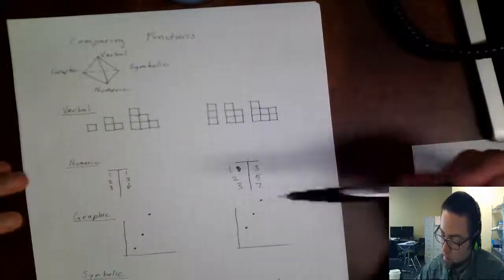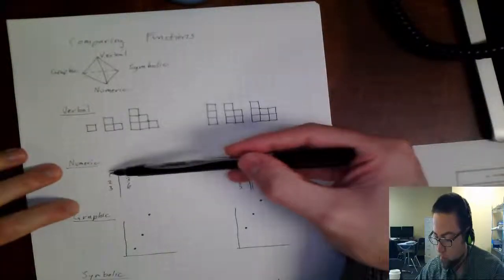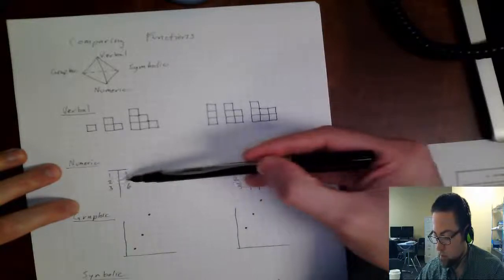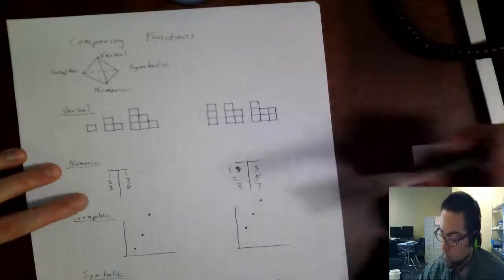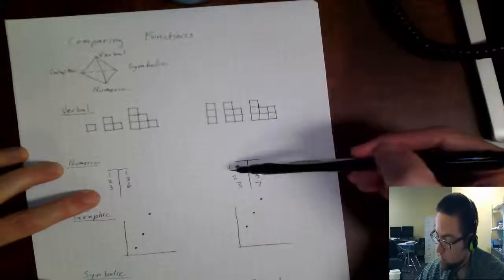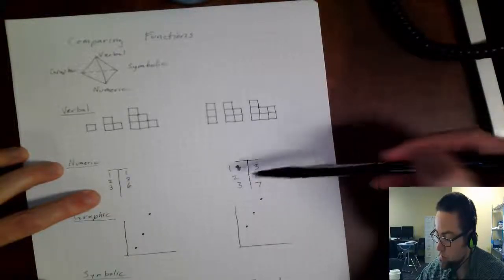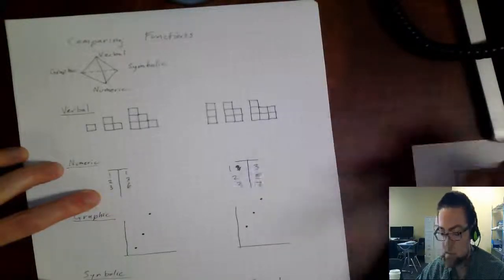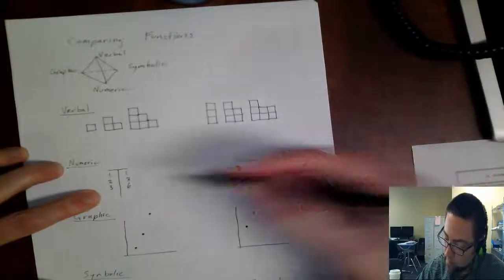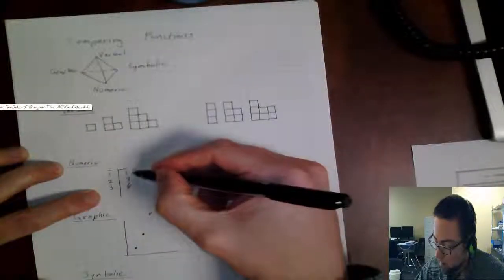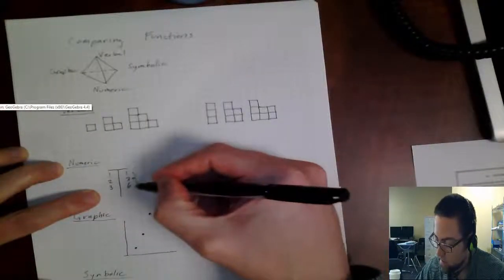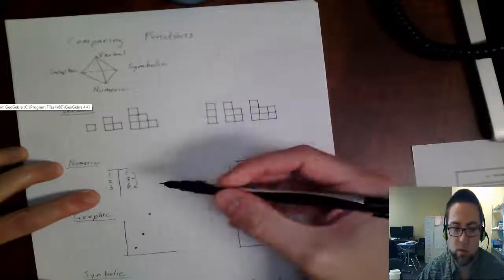So then we can look at the numeric, and here we have 1, 3, 6, our different steps. And over here it was 3, 5, and step 3 had 7. In the numeric, we can compare the different steps and see how it's changing.